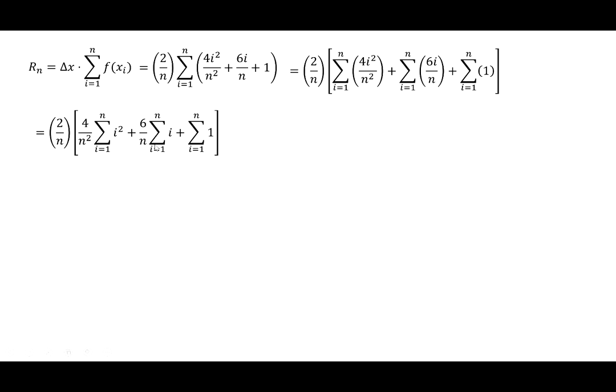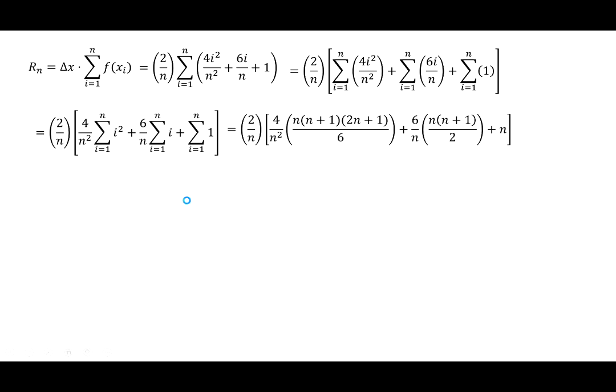Similarly, did we have a formula for sigma i? Yeah, n times n plus 1 over 2. Did we have a formula for sigma 1? Yep, n. So we'll just plug those values in. 4 over n square times, just as promised, sigma i square is n times n plus 1 times 2n plus 1 over 6, and sigma i is n times n plus 1 over 2. Just plug this in.